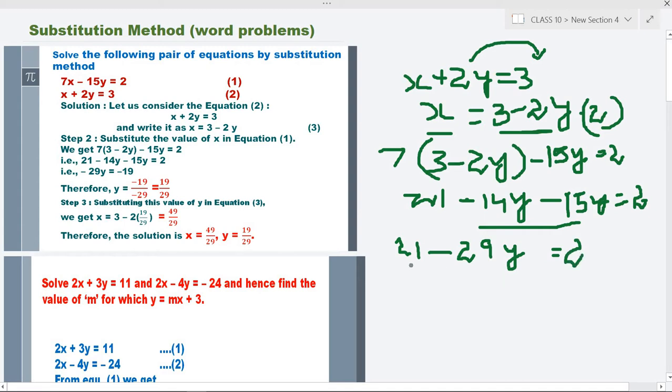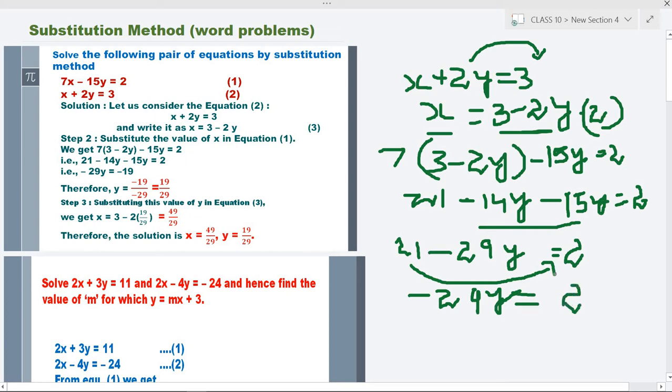In the next step, transpose 21 to RHS. Let this minus 29 be as it is. The variable in LHS is there. Which variable? Minus 29y. And the numbers are transposed to RHS.